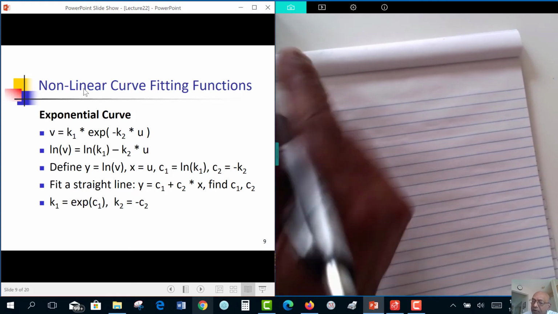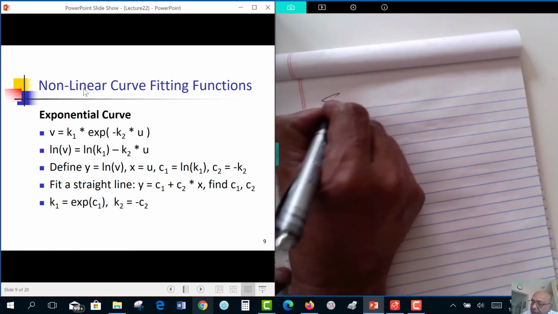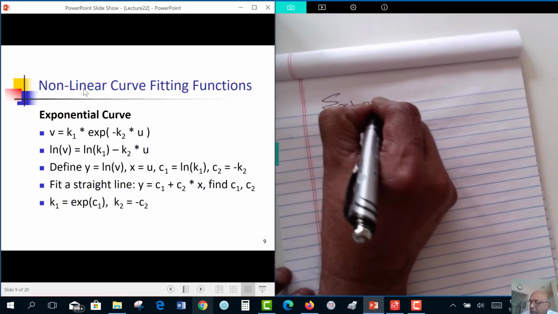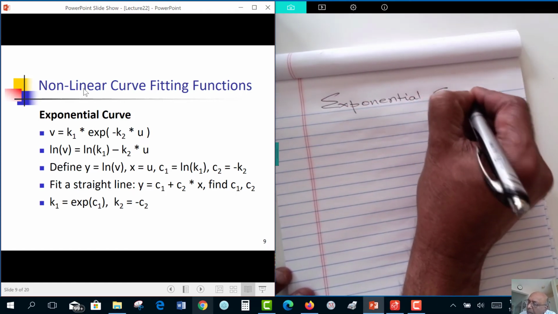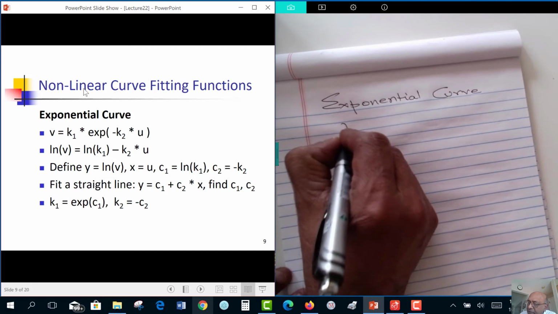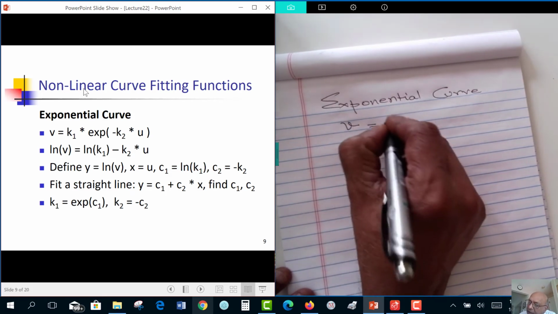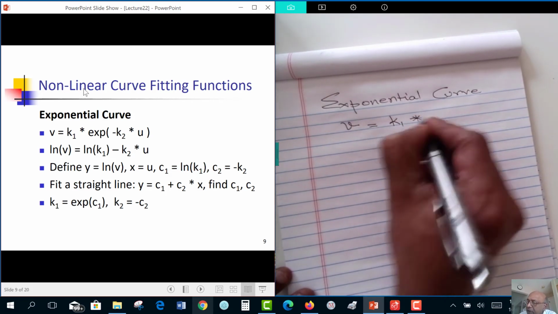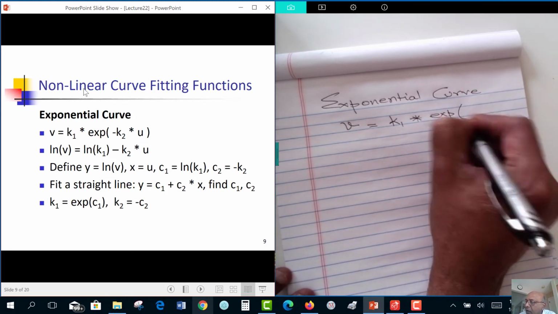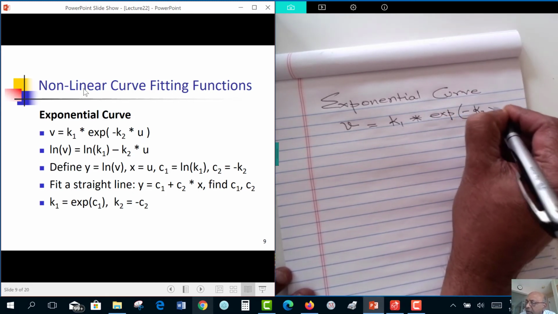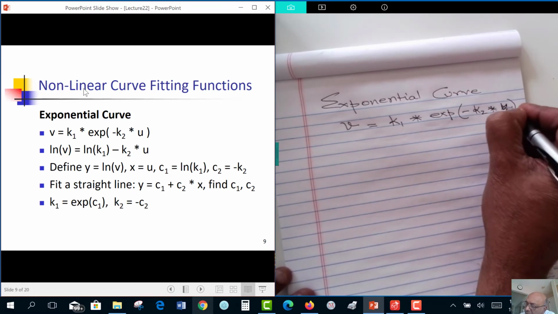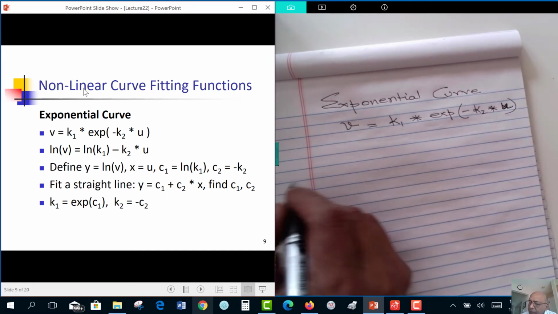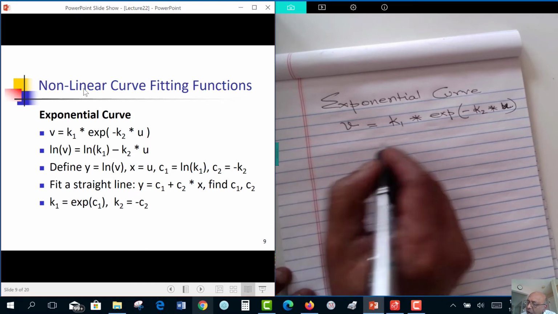So let's look at our exponential curve. We have V is K1 times exp of minus K2 times U. Sorry, our data is U. So what we do is we take log of both sides.